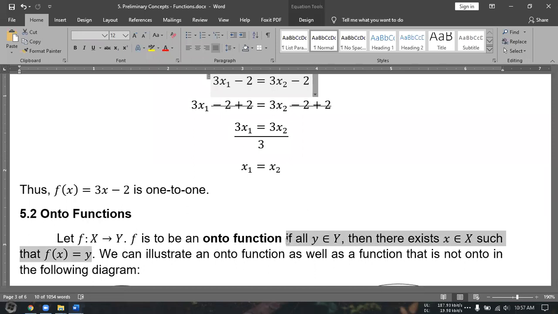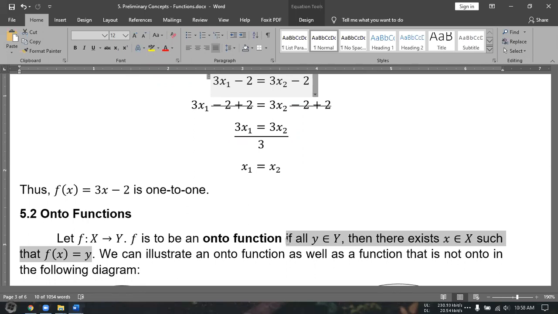F is said to be onto function if all y, an element of y, or I can use this as the codomain, no? The codomain, kasi all y's in y, possible images, tama. The possible images, there exists an element of x such that f of x is equal to y.